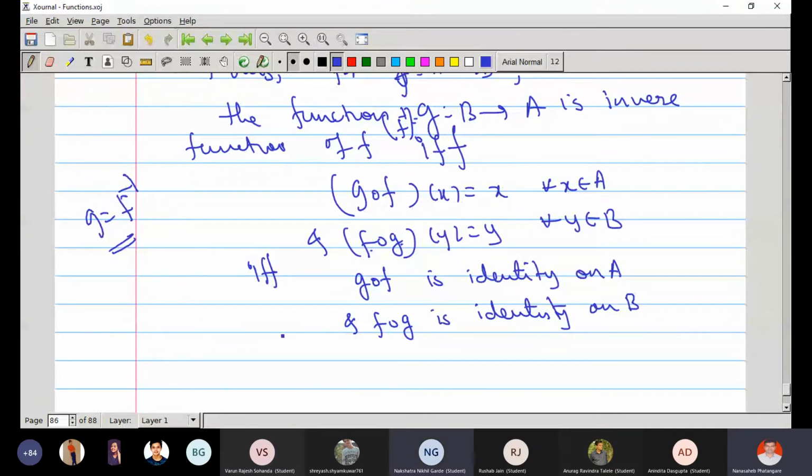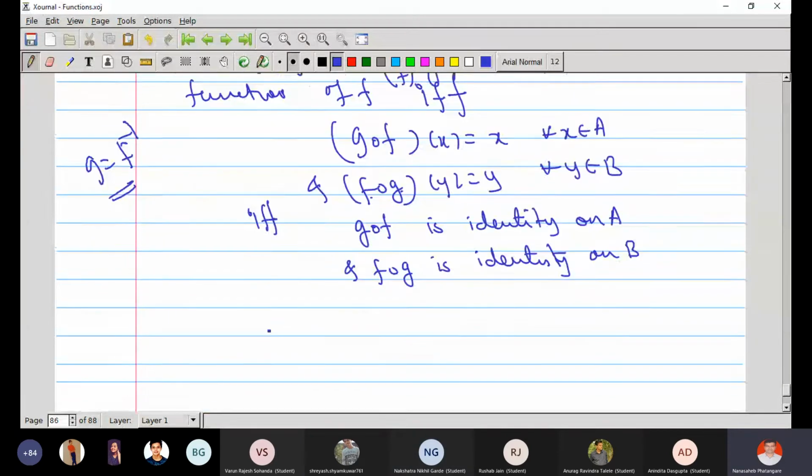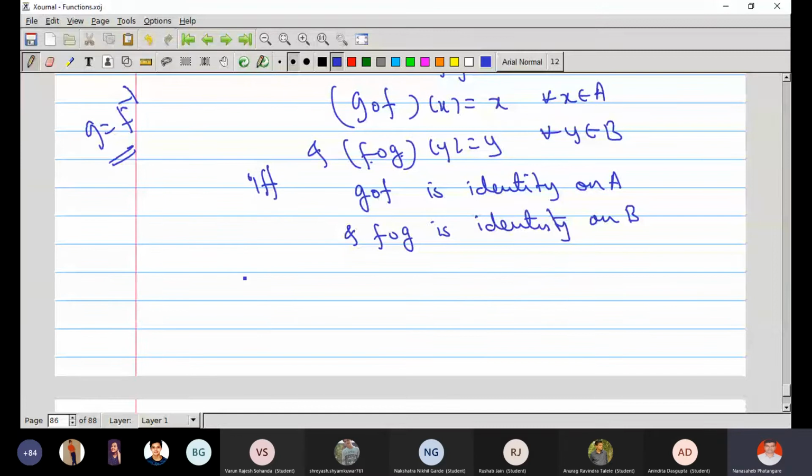Recall yesterday's theorem. G composite f is identity means what? f must be 1-1 and G must be onto. And by the second, f composite G is also identity.